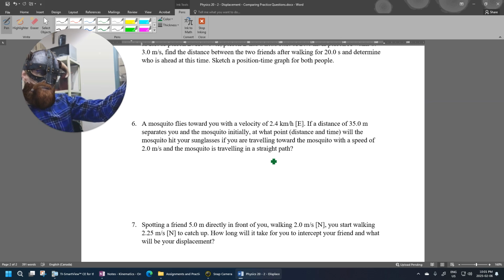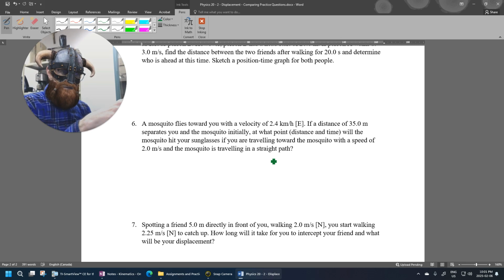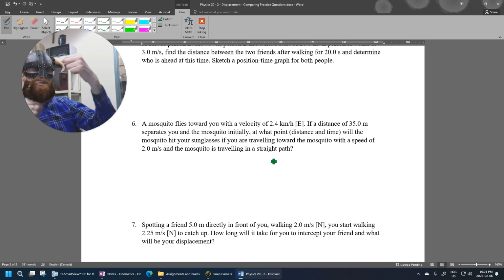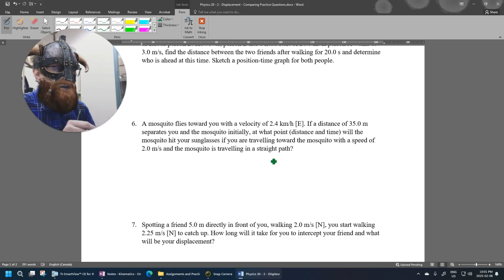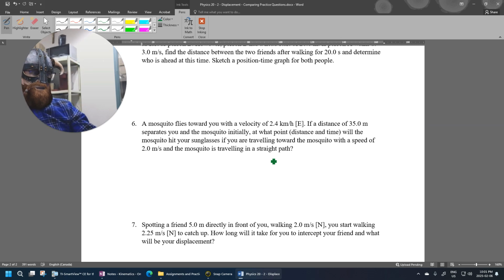You're traveling towards that mosquito at a speed of 2 meters per second, and the mosquito runs right into your sunglasses. At what point, distance and time, will the mosquito hit your sunglasses?